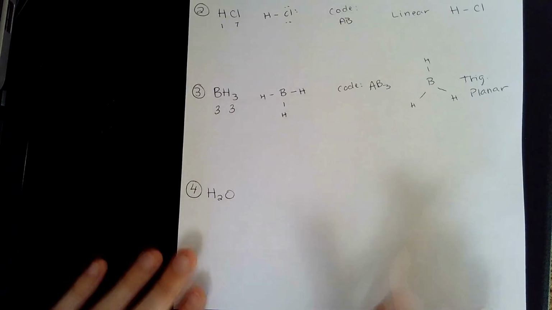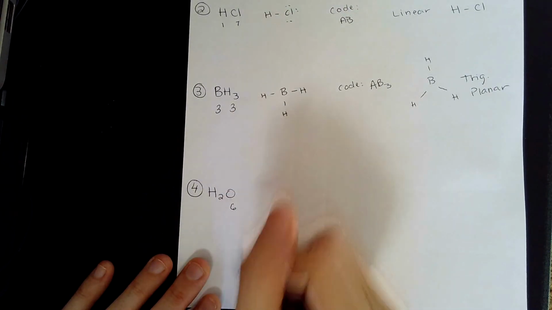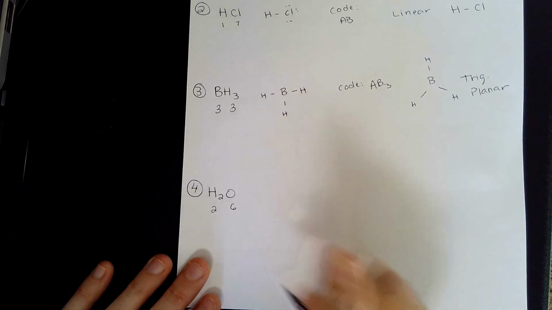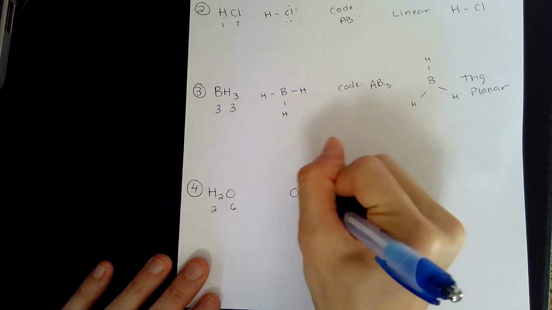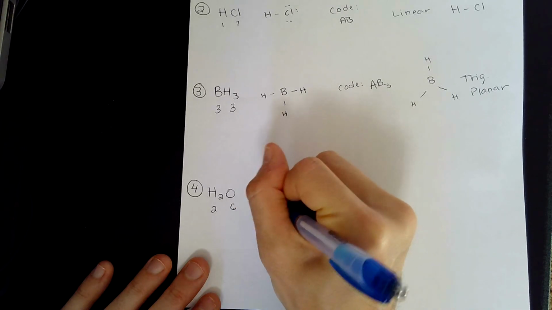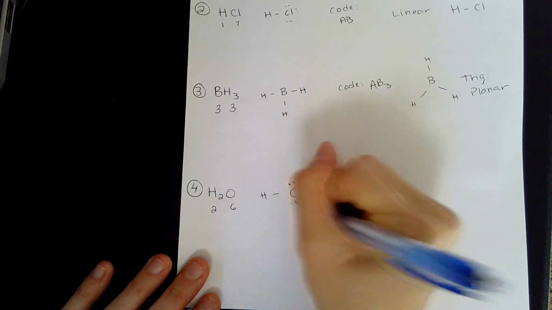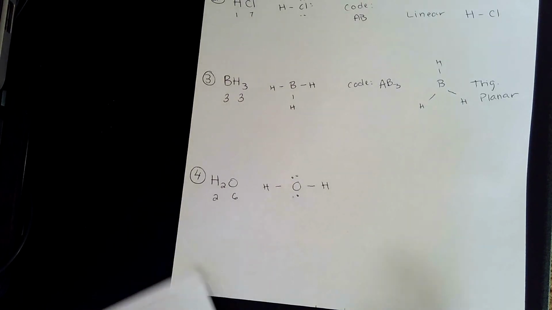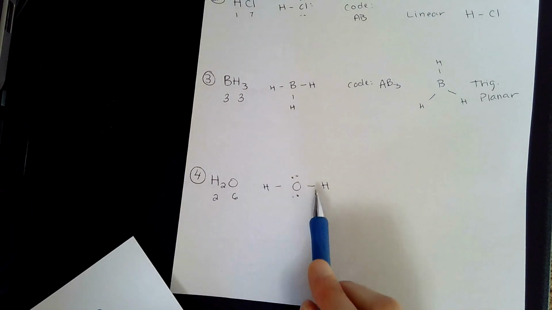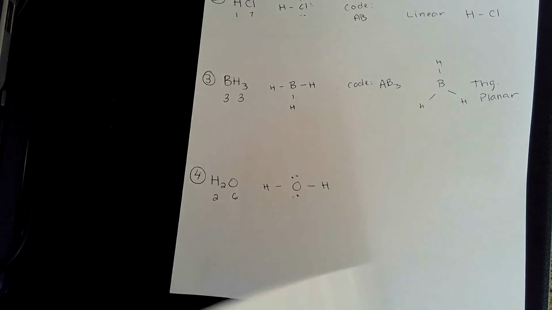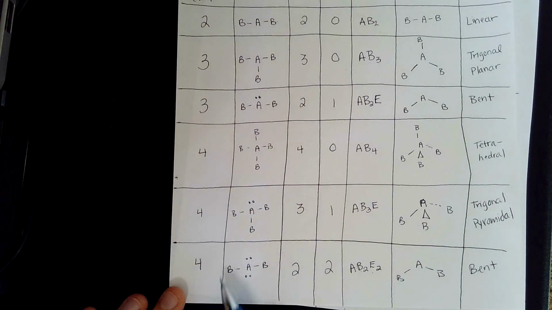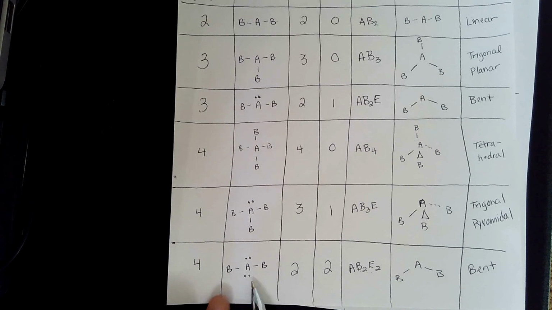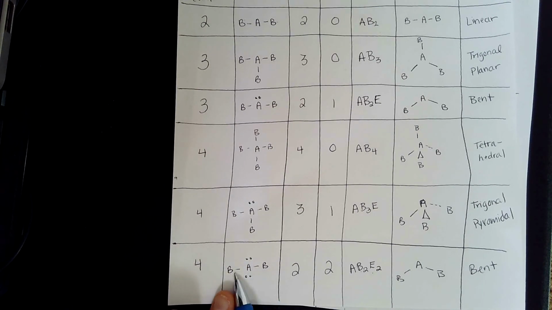And lastly, water. So oxygen has 6 valence electrons, hydrogen has 2 total, with the 2 hydrogens there. We have our oxygen, our 2 hydrogens, and our 2 electron pairs there. There are a total of 1, 2, 3, 4 things around this oxygen. So if we go to our table, we have different options for 4 things, but we have 2 bonded atoms and 2 electron pairs.